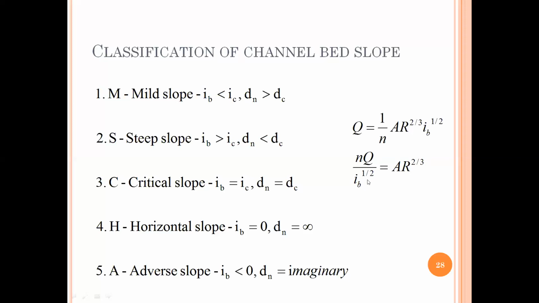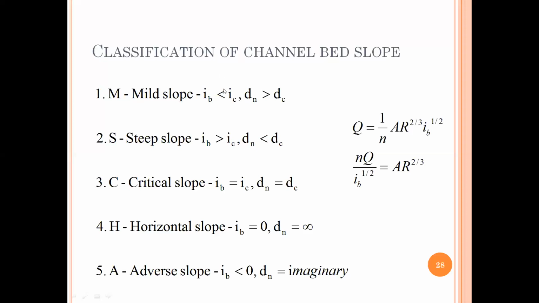So for a given value of discharge and slope, I can achieve a depth at which I can achieve uniform flow. So the normal depth is calculated from Manning's or Chezy's equation. I'm sorry, it is not uniform depth, normal depth. I meant uniform flow.